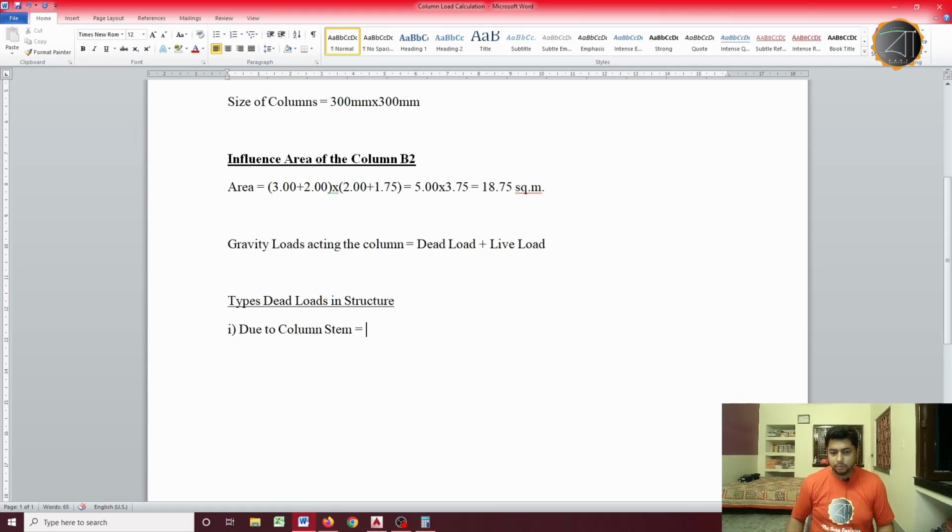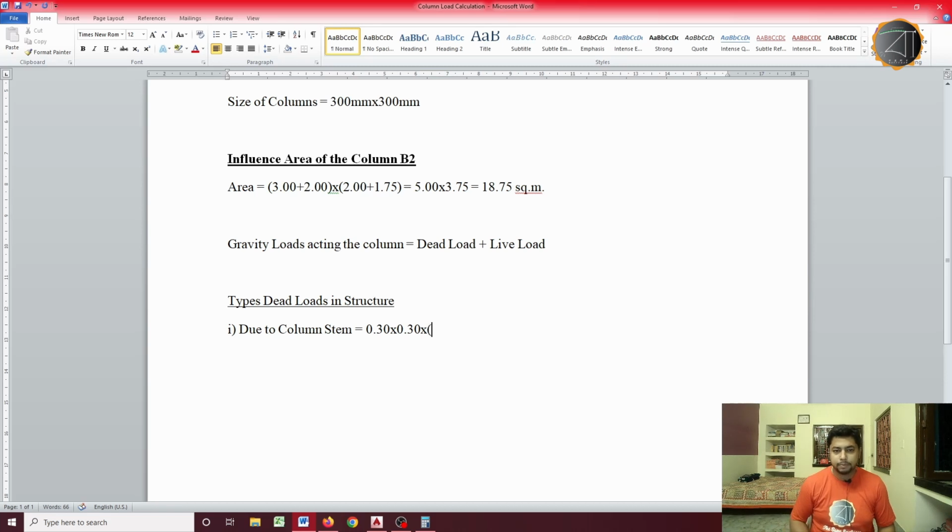So we know the volume will be cross sectional area multiplied by height. We know the cross section. Height will be the length between the floor level top and the bottom of the beam web.